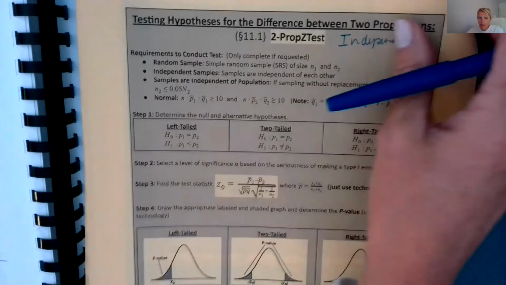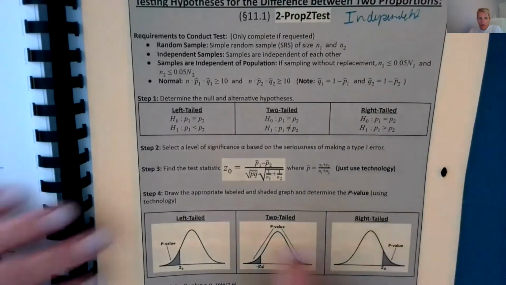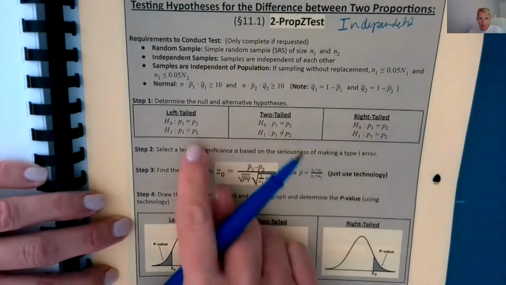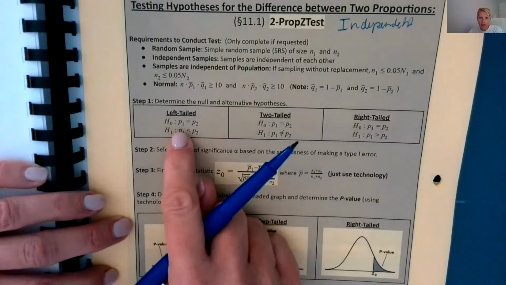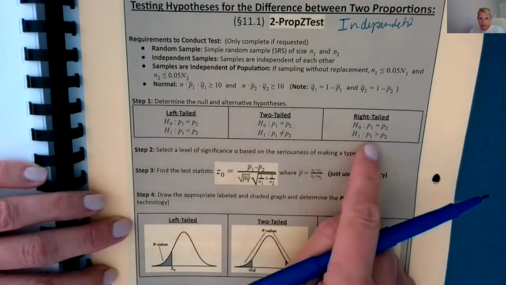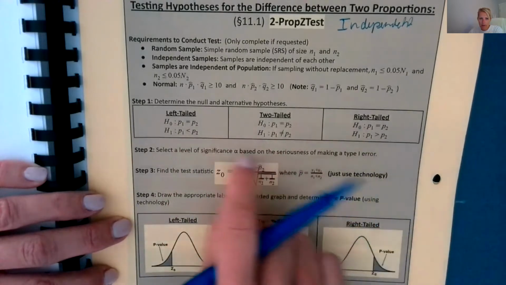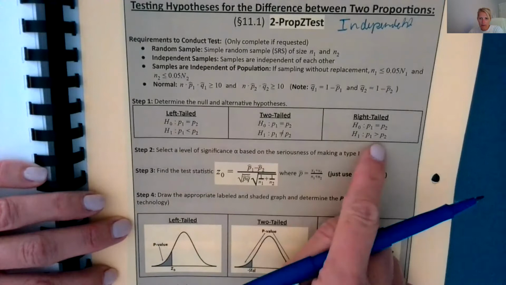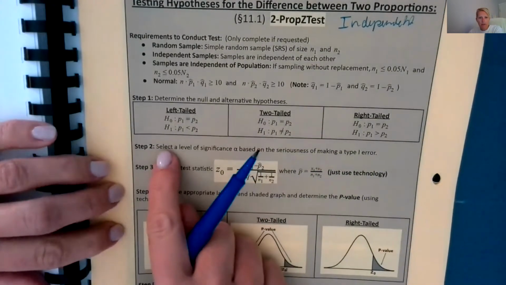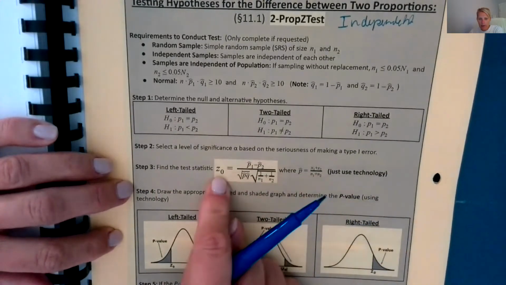Our hypothesis statement is going to look a little bit different than what we've looked at before, in that now we don't have a value that we're comparing from the population. We're literally comparing sample 1 to sample 2. We still have a left-tailed, a two-tailed, and a right-tailed. So note that the hypothesis statement looks different because we're comparing the 2 samples. There are no values in our hypothesis statement. Step 2 is the same. Step 3, you don't even need to write the formula for me.